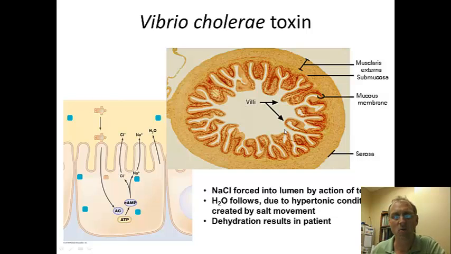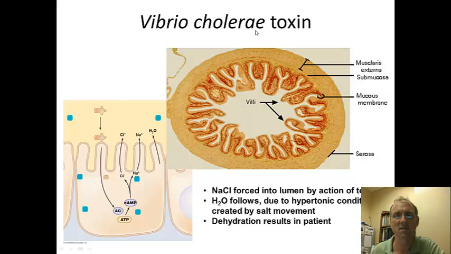When humans ingest a microorganism called Vibrio cholerae, the causative agent of cholera, the bacterium produces a toxin, a protein that affects the cells that line the lumen of the small intestine.